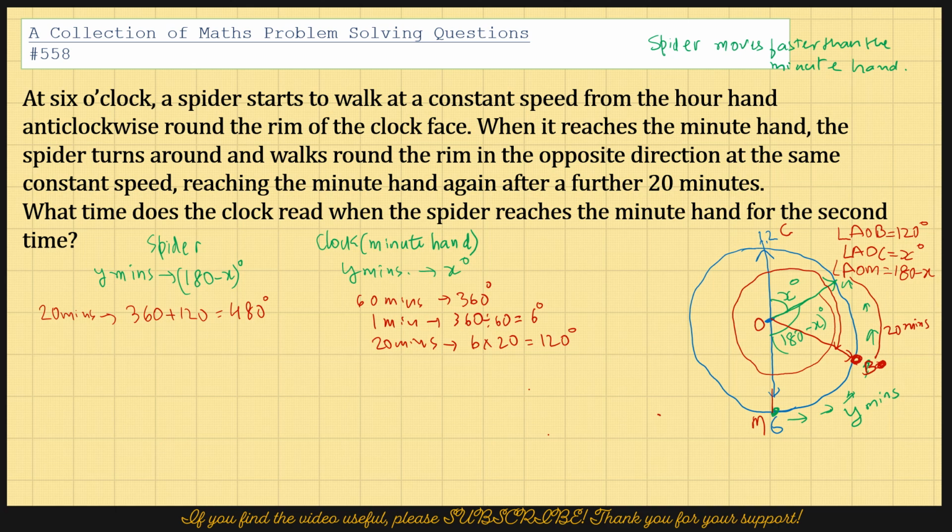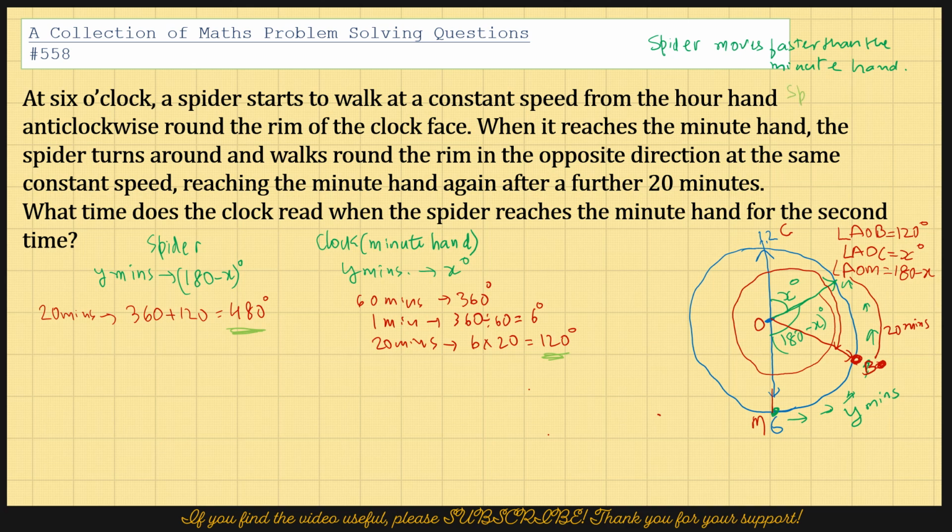So if you now compare the two, the 480 and the 120, how many more degrees will the spider have covered?